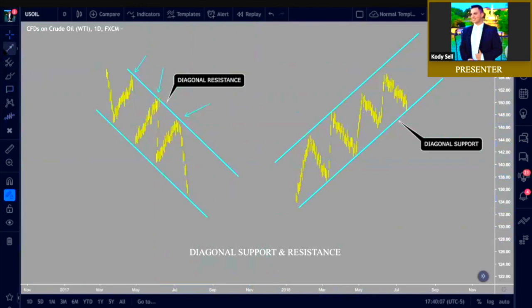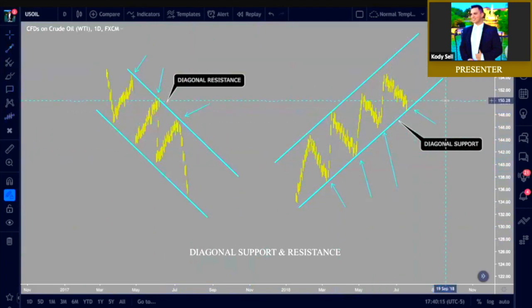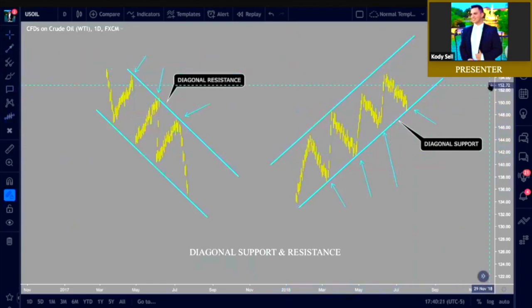That still holds true for channels. So this boundary in price right here is more important than its counterpart making up the channel, because it tells us when price is going to reverse.